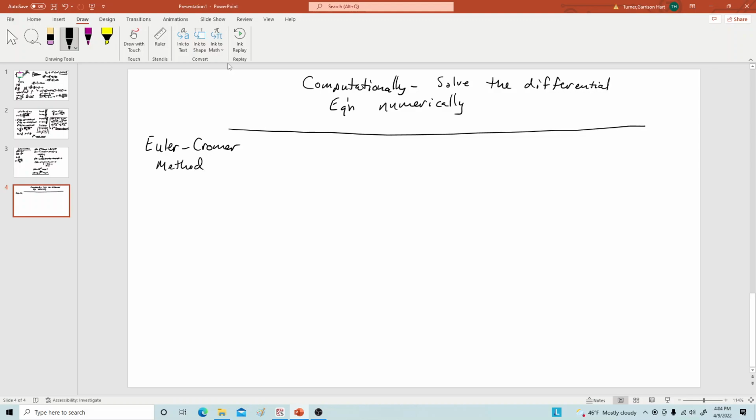And the method involves this. Now, the original differential equation looks like this. Okay? The original differential equation looked like this.